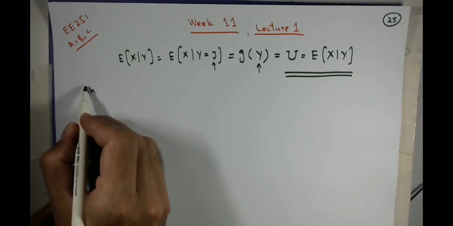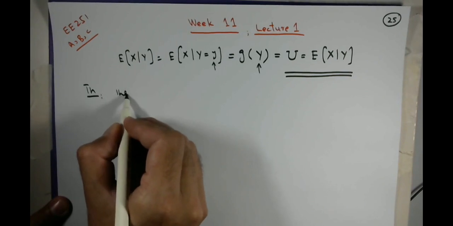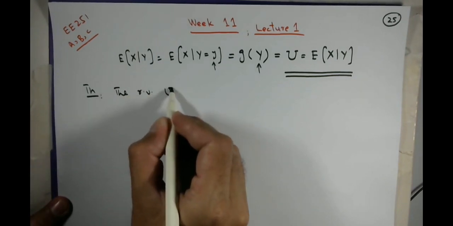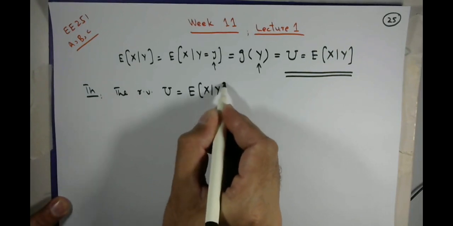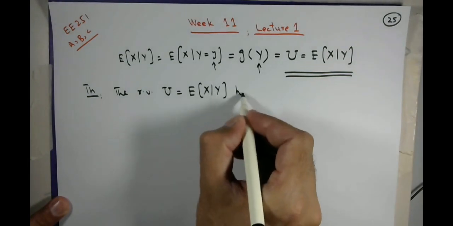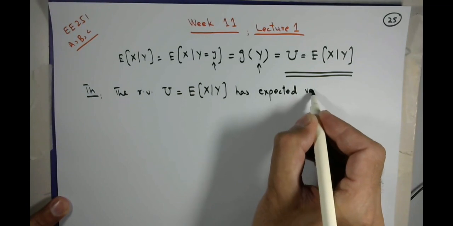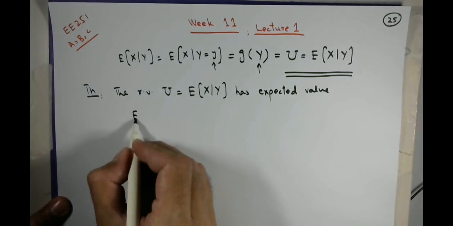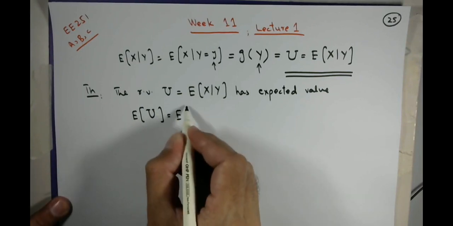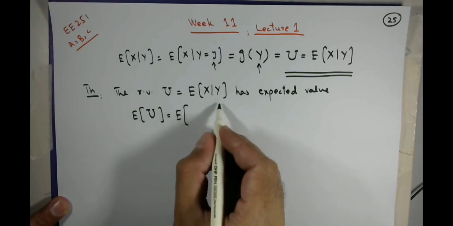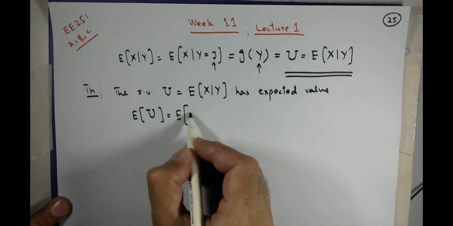There is a theorem in your textbook, and that says the random variable u, which is the expectation of x given y, has expected value E of u. You see, u is all this. The expectation of u is E of x given y.